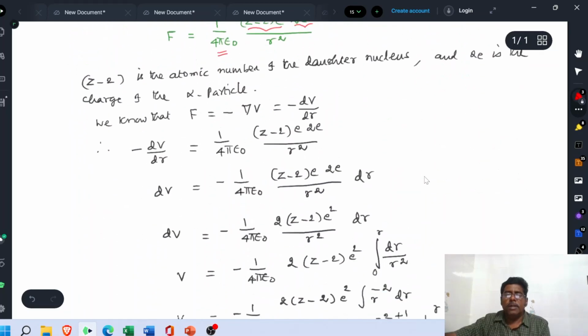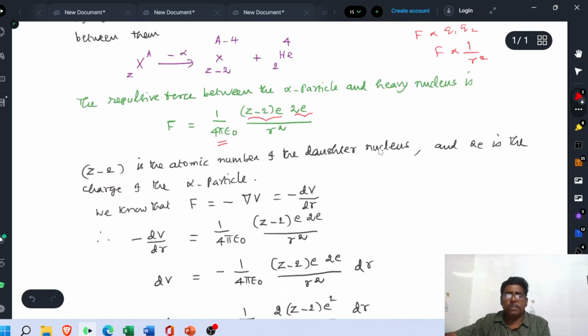Therefore, the nuclear forces are not dominating the Coulombic force. The nuclear forces are less. At that moment, the repulsive forces are dominating, so the alpha particle comes out of the nucleus. The system is maintaining its stability.